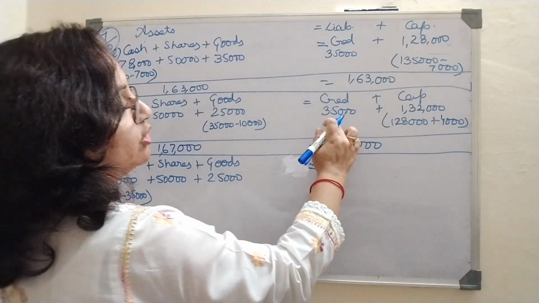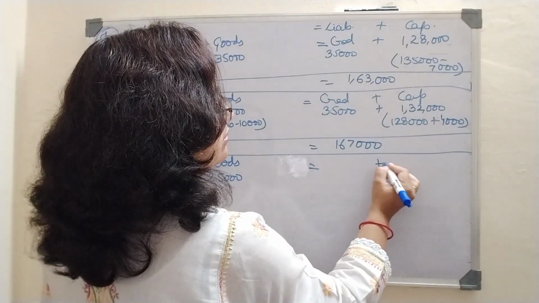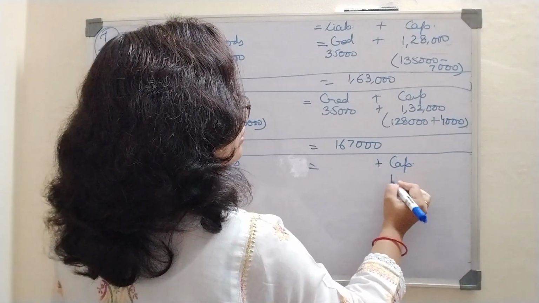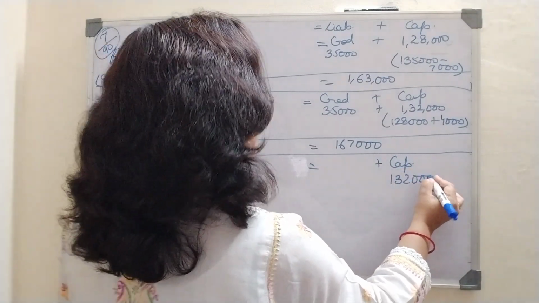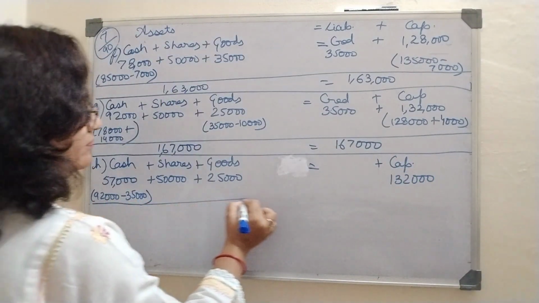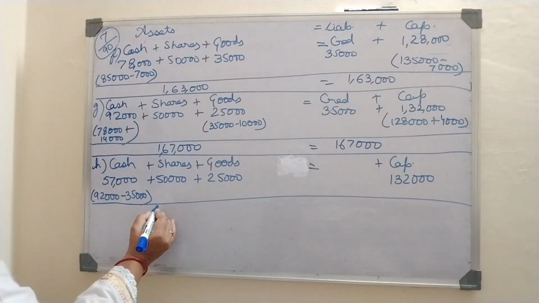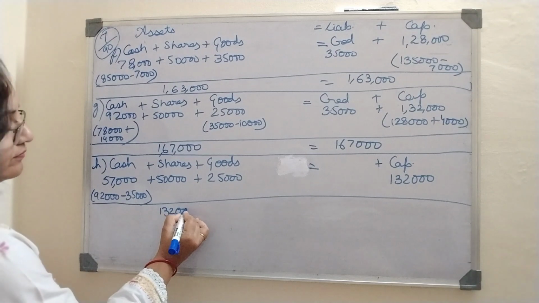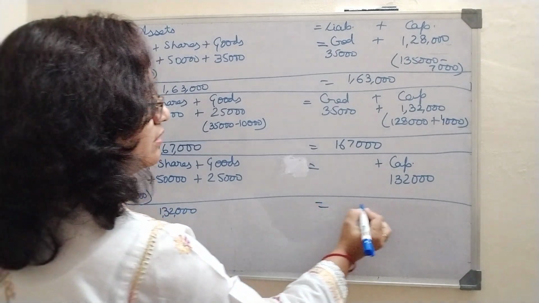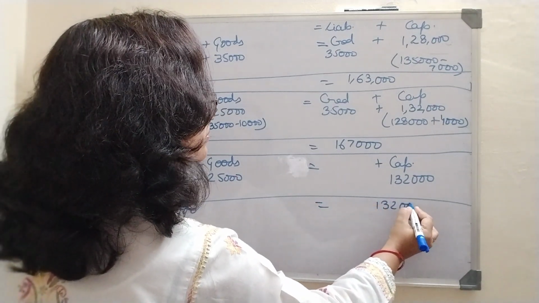And this side we will not write it because it is over. So we will only write capital. So both the sides it is deducted. We know the total comes to 1,32,000.